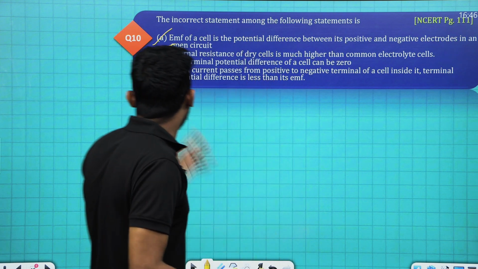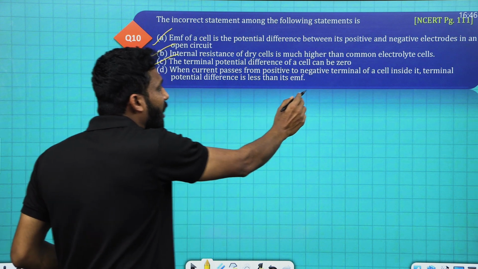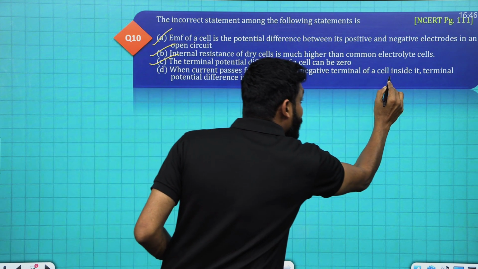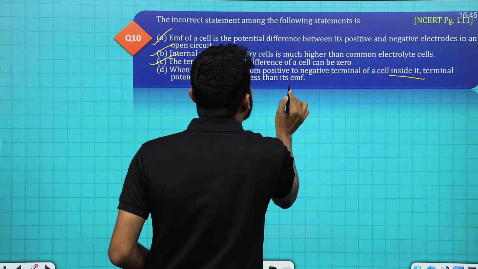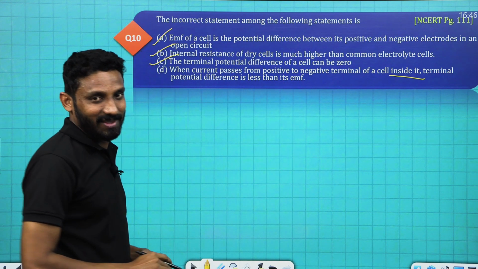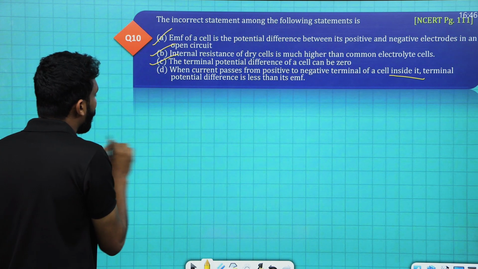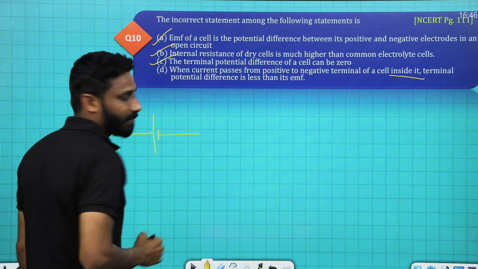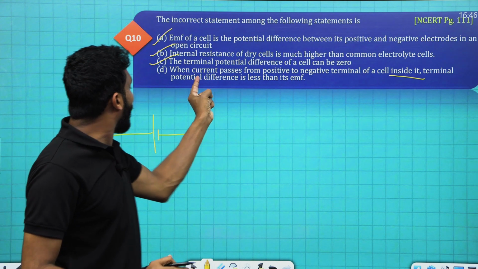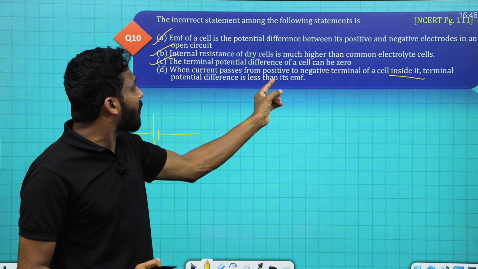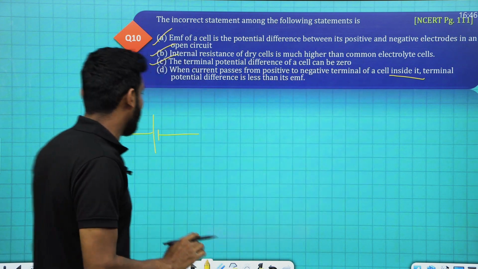And fourth: when current passes from positive to negative terminal of a cell inside it, terminal potential difference is less than its EMF. This is to be carefully listened. We are representing a cell. As per the fourth option, they are saying that the current is passing from positive to negative terminal inside the cell.